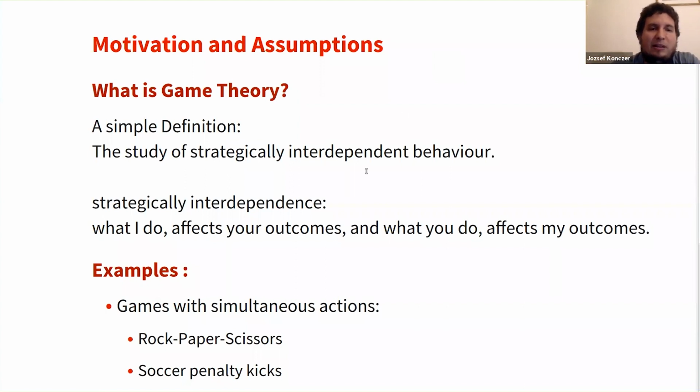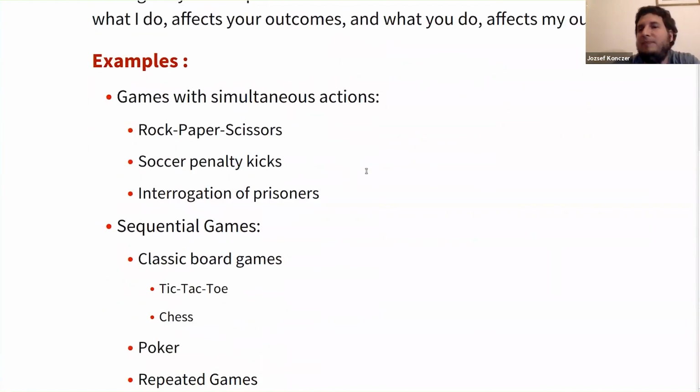And maybe the quickest way to understanding is to list a few examples. For games with simultaneous actions: rock, paper, scissors, soccer penalty kicks, interrogation of prisoners. There is another big branch which is called sequential games.